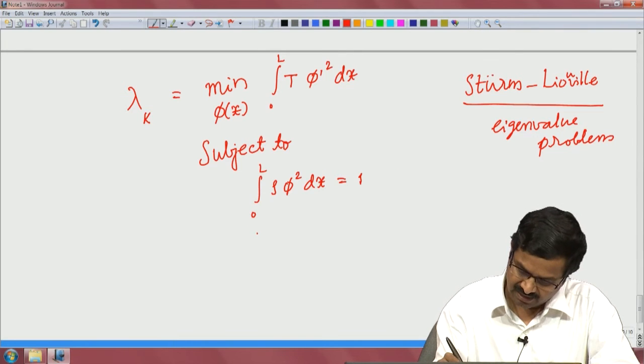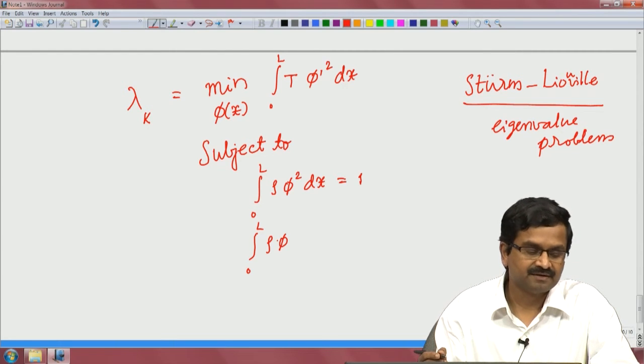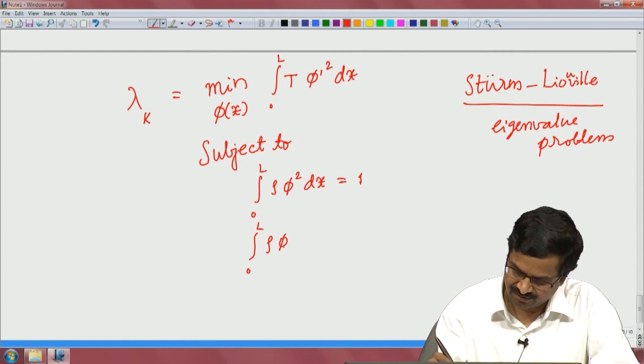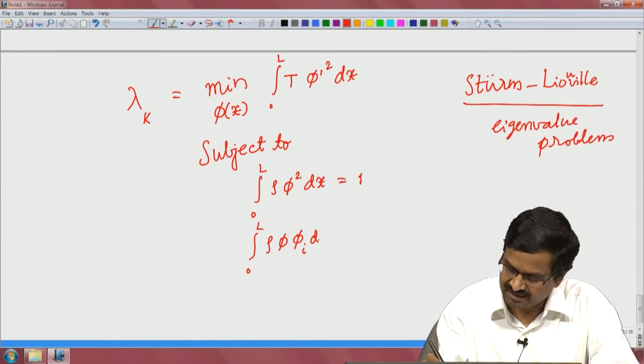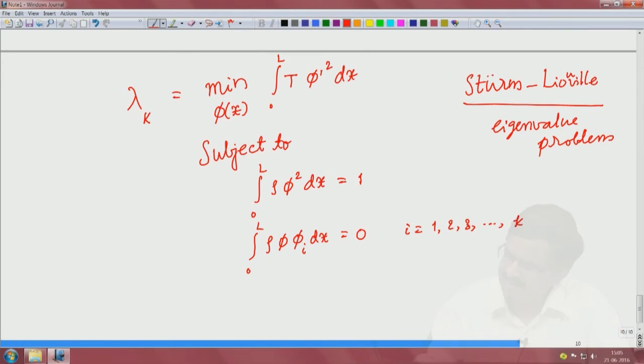Then we have orthogonality, as we consider several other eigenfunctions. So we will need to write the integral of rho phi times phi i dx equal to 0, where i goes from 1, 2, 3, and so forth, up to k minus 1 only, because we are asking for the kth eigenvalue.